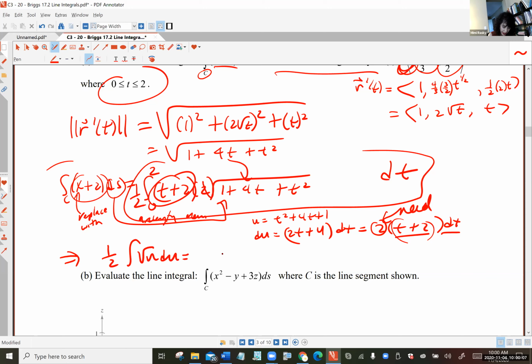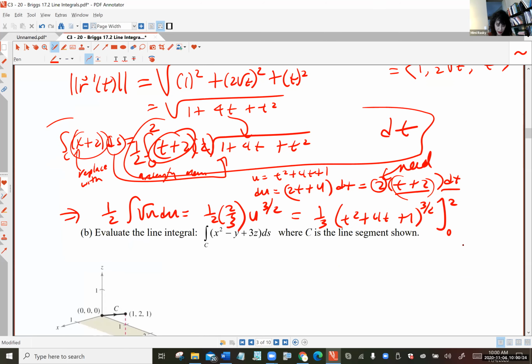This is going to be 1/2 times 2/3 u to the 3/2. And then that's going to be 1/3. And if I put my u back in, which is t squared plus 4t plus 1, that whole thing to the 3/2 and evaluate between 0 and 2. And it's not going to be a very pretty answer because you're going to get like 1/3.